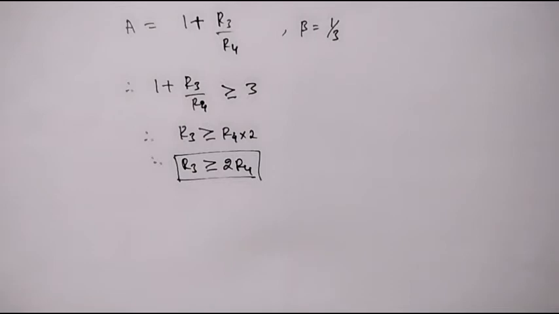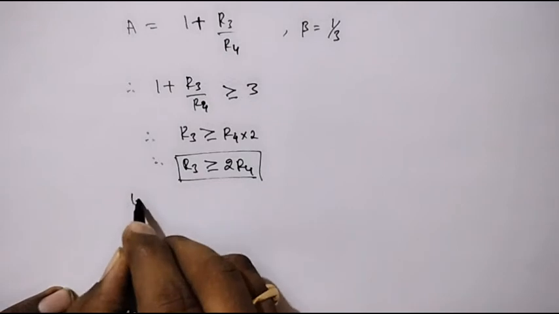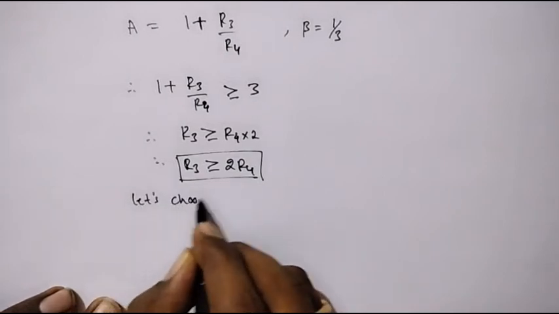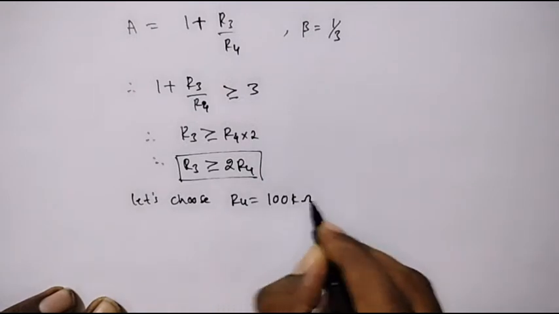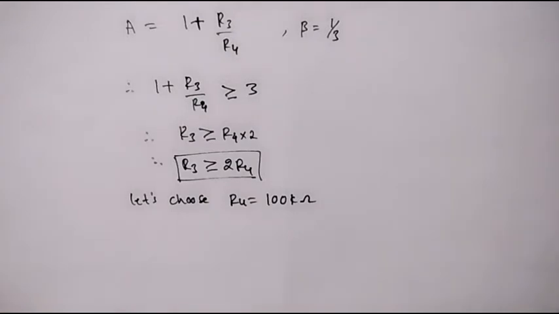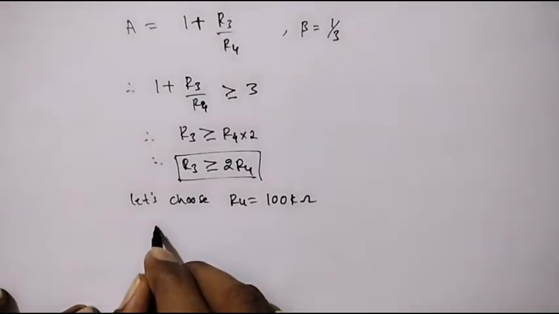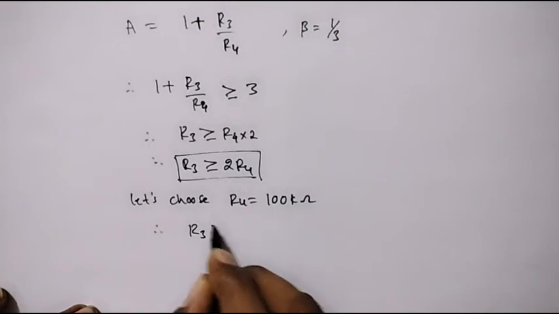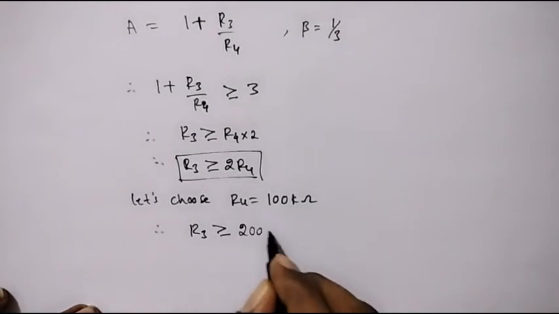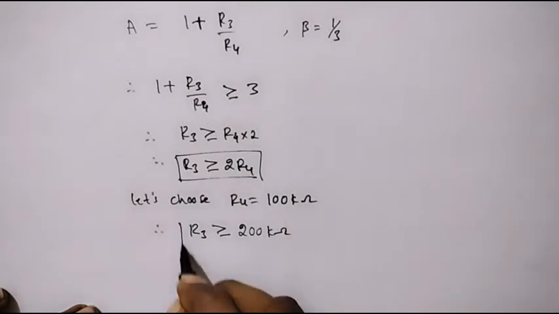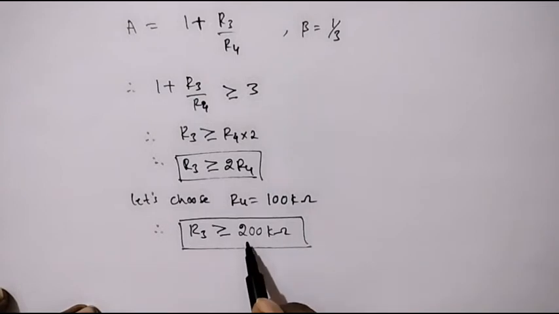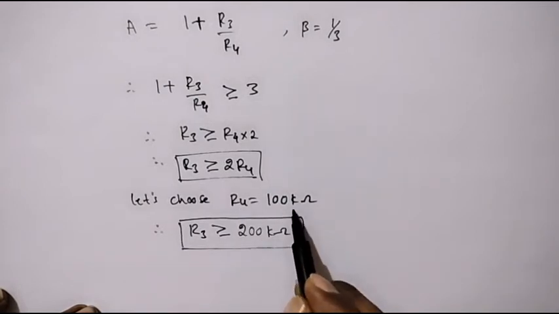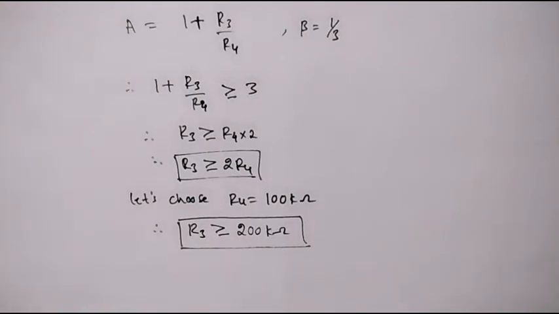So now we'll assume the value of R4. Let's choose R4 is equal to 100 kilo ohm. Therefore now I can say R3 must be greater than or equal to 200 kilo ohm. So if we choose the value of R3 greater than 200 kilo ohm and R4 value as 100 kilo ohm, we can get the sustained oscillations.